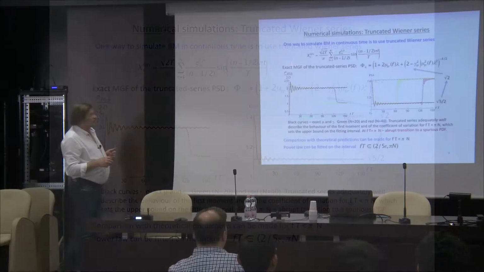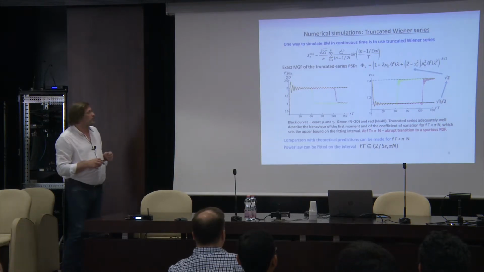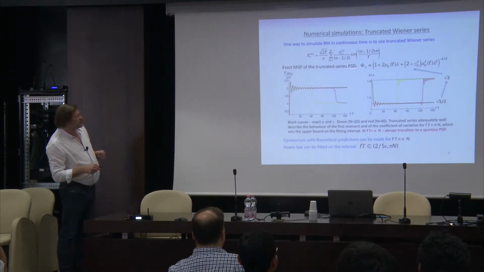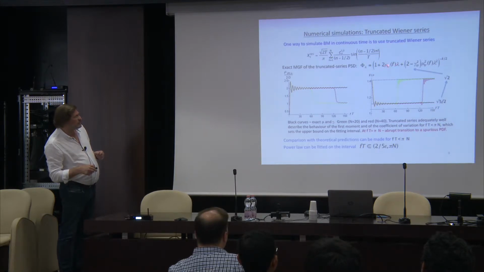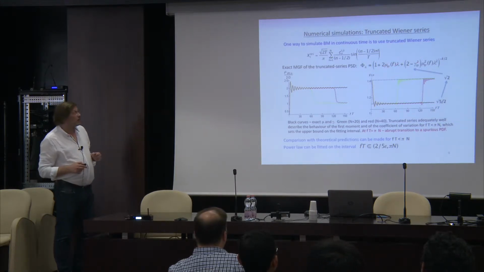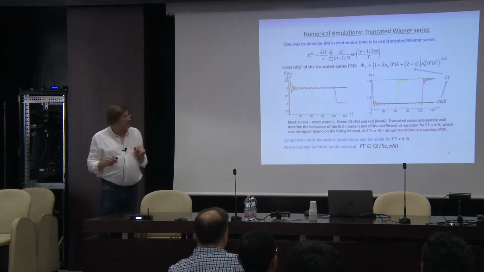Plugging this expression into the expression for the moment generating function, you may easily calculate and get exactly the same structure for the moment generating function, with the only difference that the first moment and gamma will correspond to the truncated version of the Wiener representation.